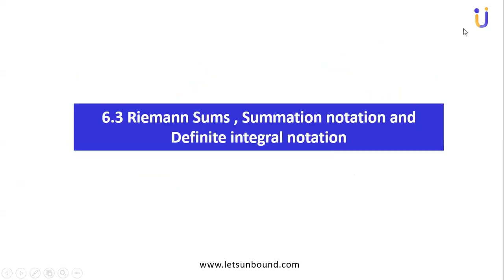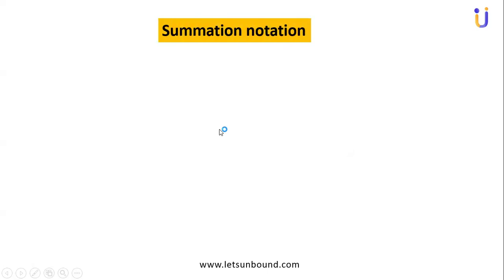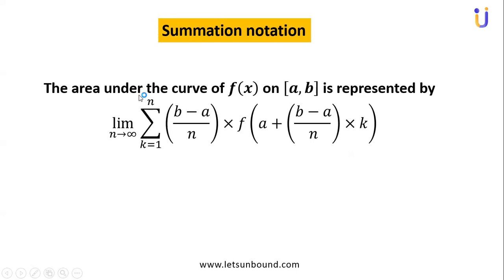Right? And moving to the next topic: Riemann sums, summation notation, and definite integrals. We have seen Riemann sums, right? Now, summation notation for the Riemann sums. First, the area under the curve of f of x on a comma b is represented by this summation form. Summation means adding up something, right? So we are dividing the given interval into small rectangles.